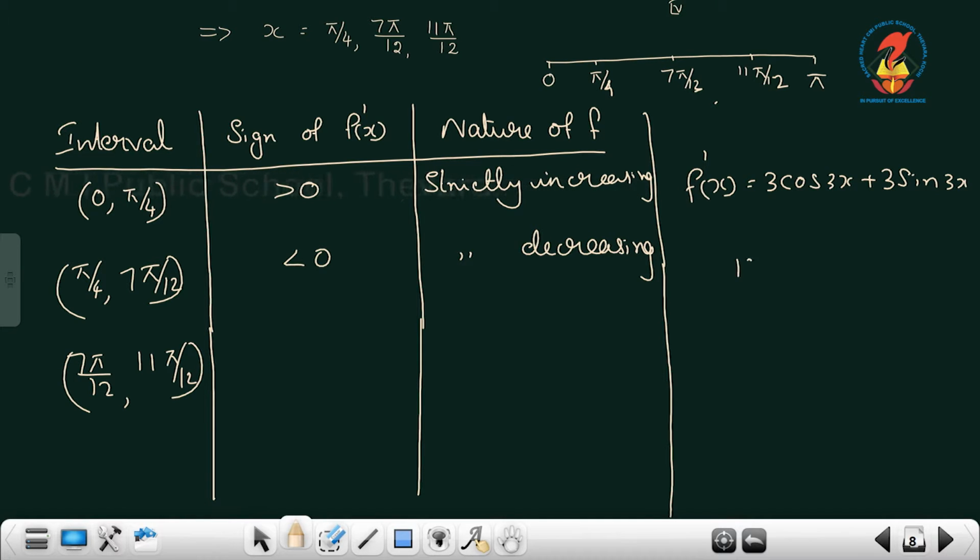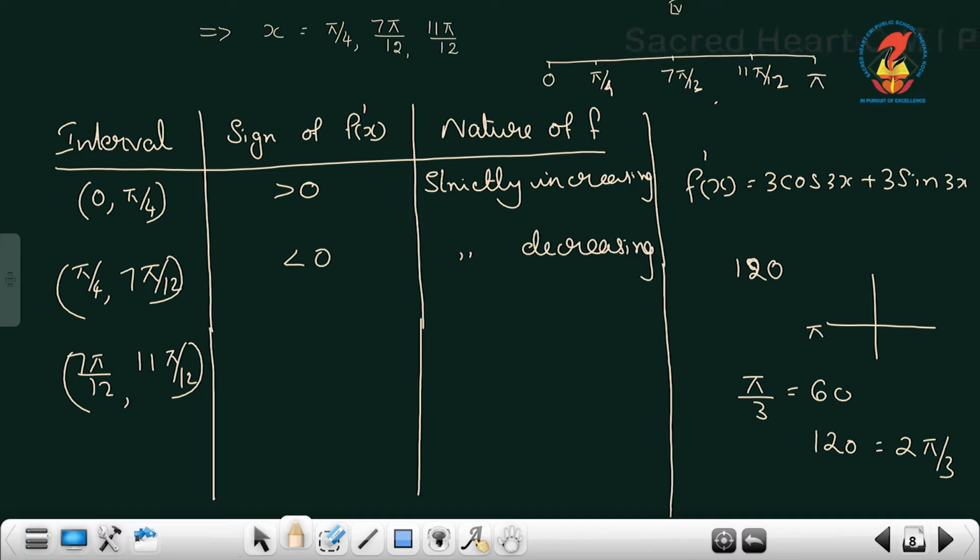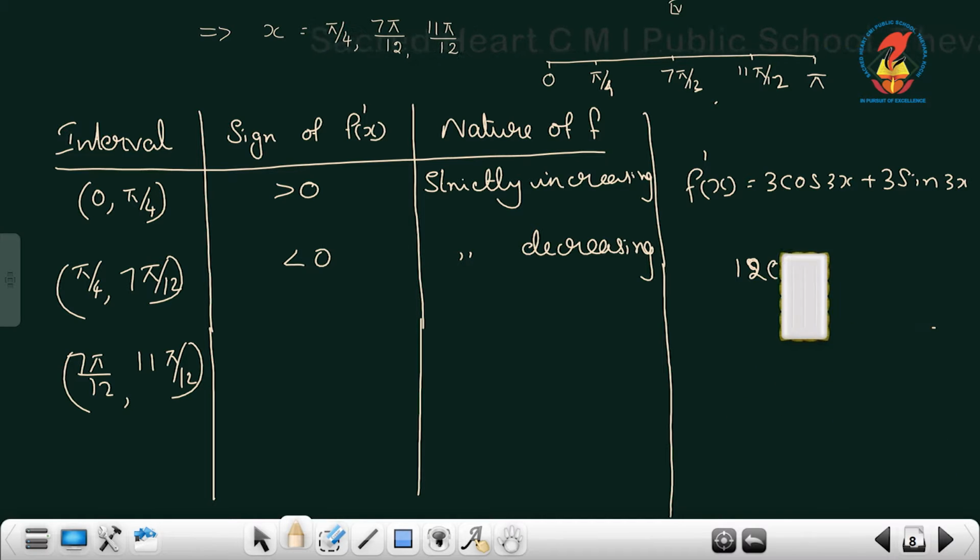How do we write 120? 120 is in the second quadrant, that is pi minus pi by 3, where pi by 3 is 60. So 120 means 2 pi by 3. In that way you can calculate. Pi by 3 is 60, so 2 into pi by 3 is 120. So 120 is in this interval, 105 to 165.